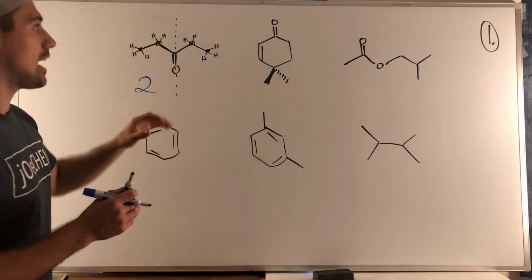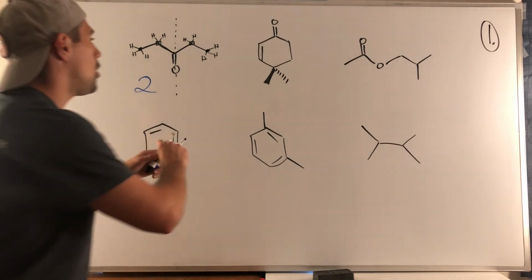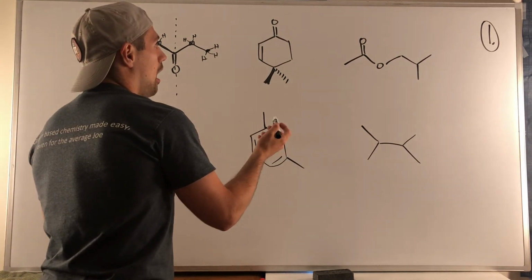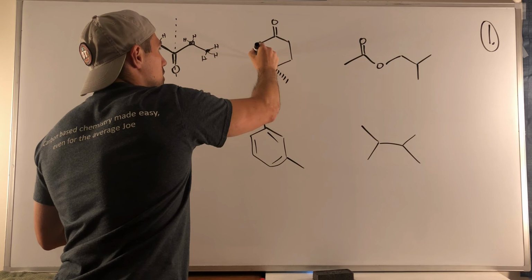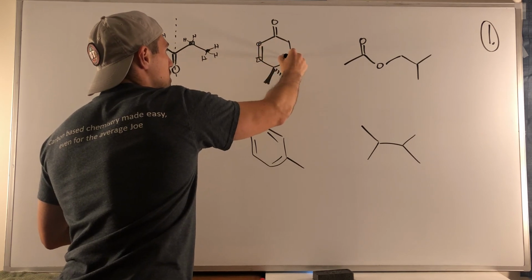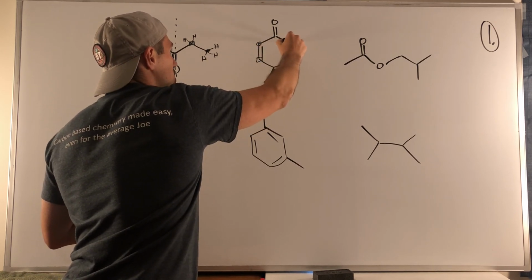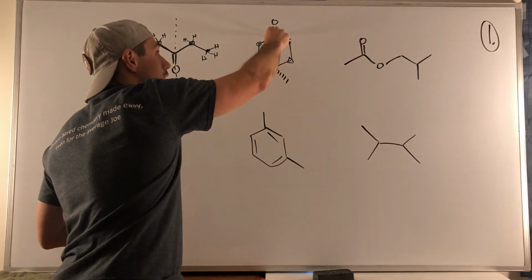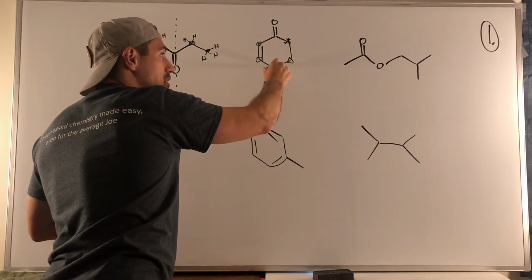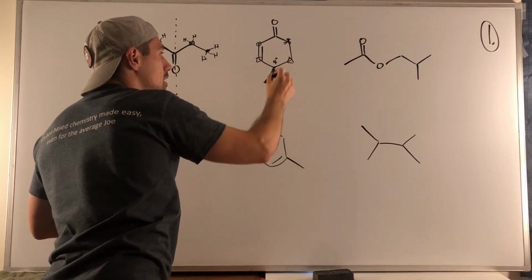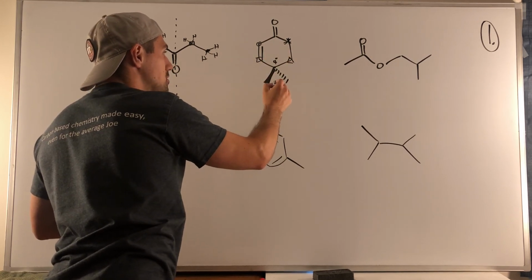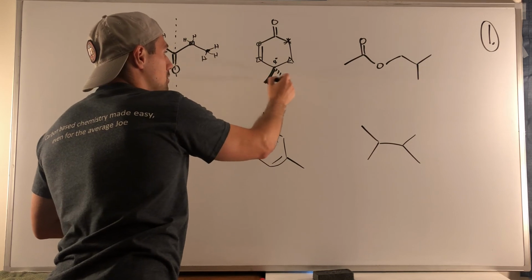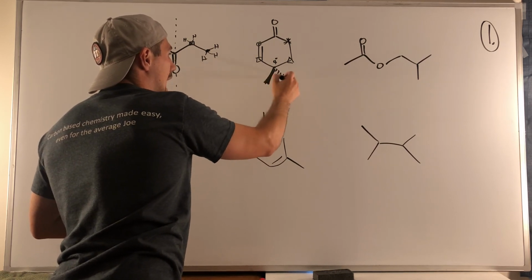So if we take a gander at the second structure, I hope you're seeing that this is a unique position, this is a unique position, this is a unique position, this is a unique position, right? So we don't have too much symmetry. There's no hydrogens here and no hydrogens here because this is a quaternary carbon. And while there are hydrogens, there are also hydrogens at this position as well.